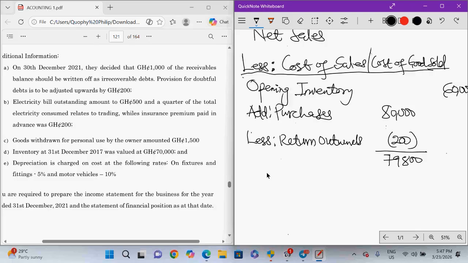So we have to less our goods withdrawn. Is it for personal use? Yes, for personal use. So for personal use, it means you have to less it, right?